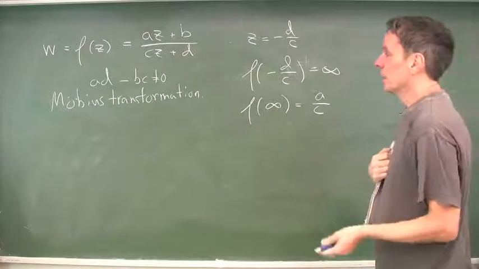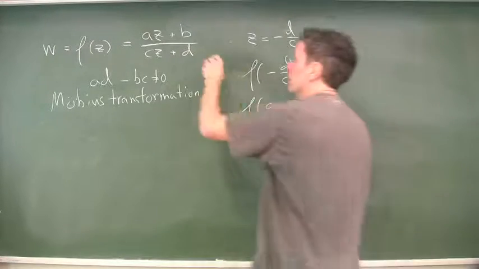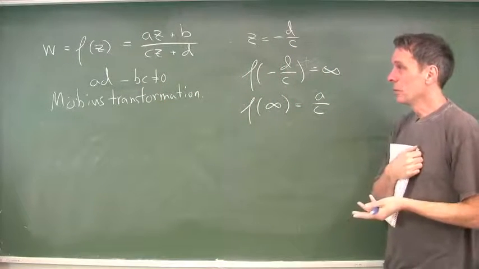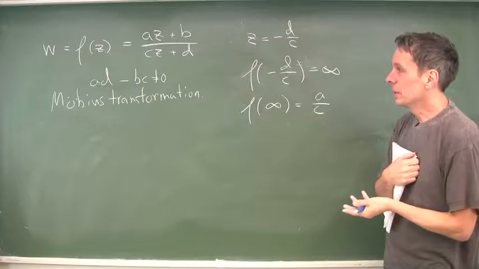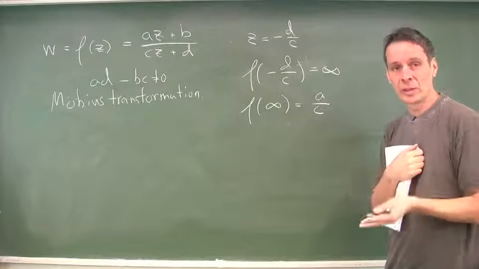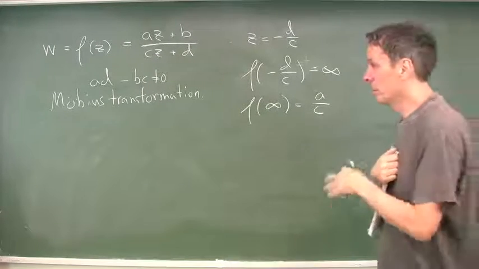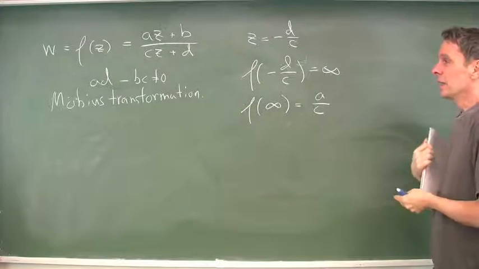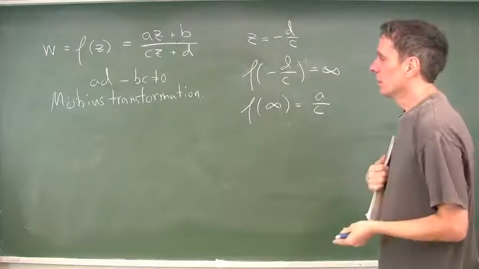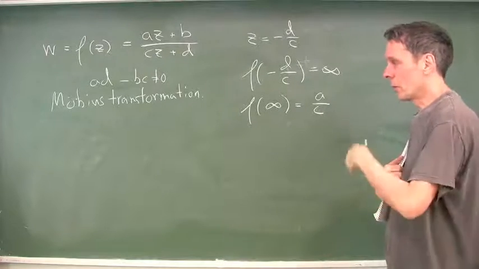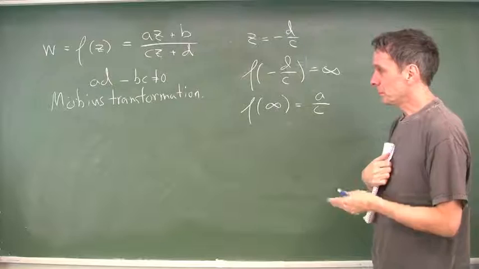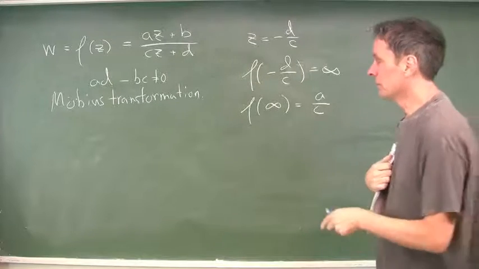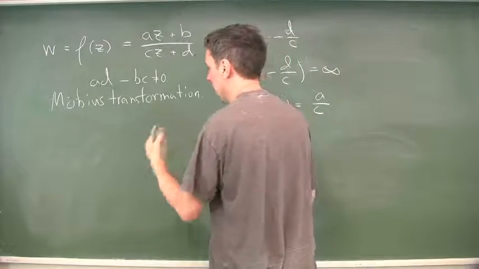So actually, a Möbius transformation like this can be considered to be a continuous map of the Riemann sphere onto itself. It's actually a bijective map of the Riemann sphere onto itself. And in a sense, these are the Möbius transformations. They are, of course, not the only such bijective continuous maps, but they have additional properties that make them unique now.